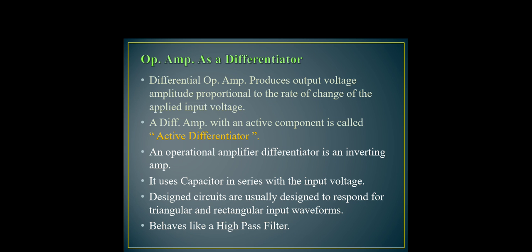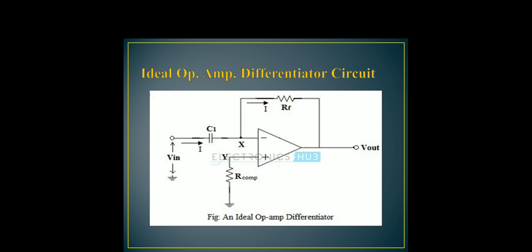The circuit diagram for operational amplifier as differentiator looks like this. Here we can see the capacitor C1 is connected to input voltage Vin. An inverting op amp is used again.